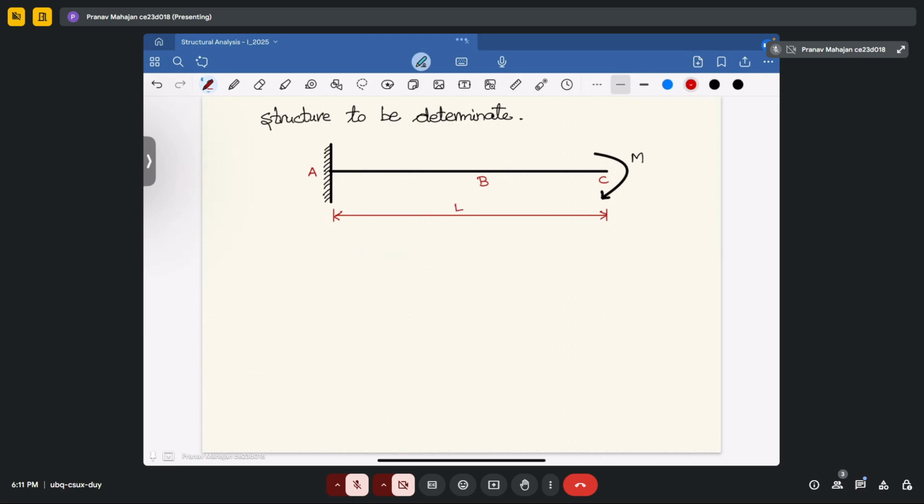So this is your total length to be L. Now we will draw the bending moment diagram for this structure. Okay, so its bending moment diagram will look like this.